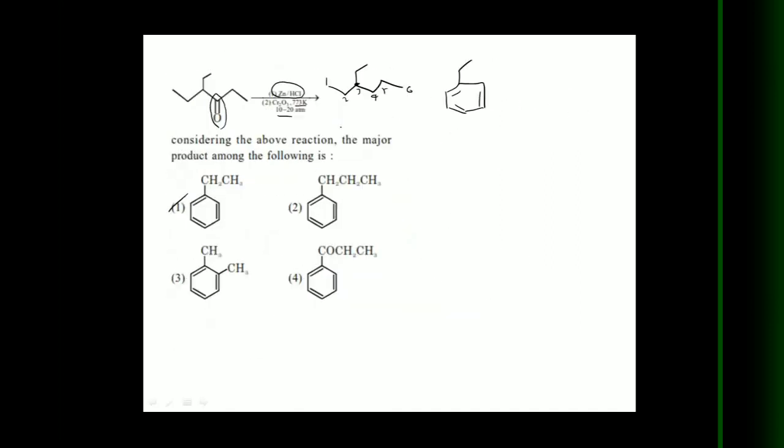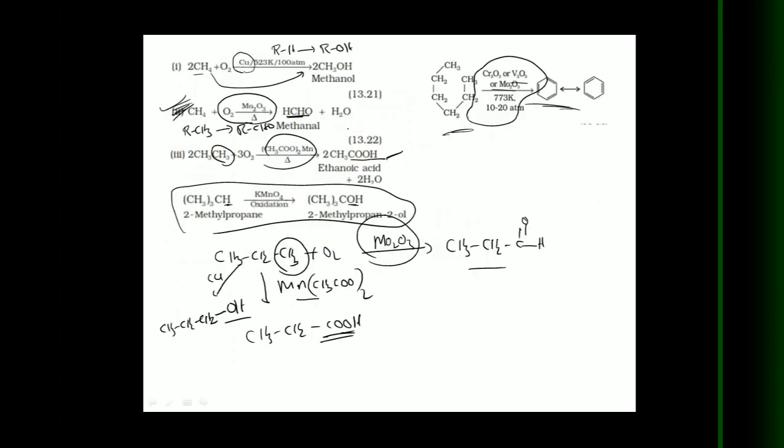We can see in the second question, I brought the information here. This isobutane, the tertiary hydrogen, this tertiary hydrogen can be converted to the OH group with KMnO4.